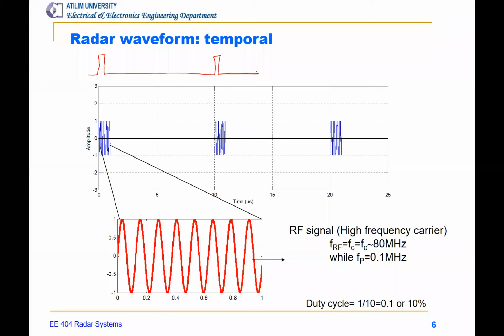Now, we actually have a cosinusoid inside these pulses. We actually transmit a cosinusoid with a limited duration, which looks like a pulse inside the cosinusoid, or pulsed cosine. This is the real radar waveform that you can measure in space.